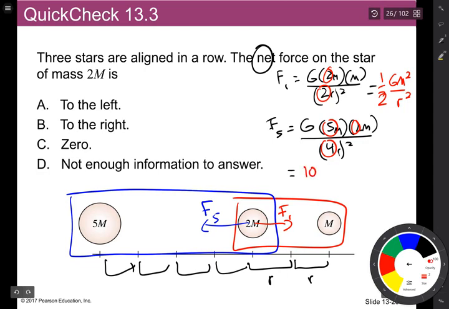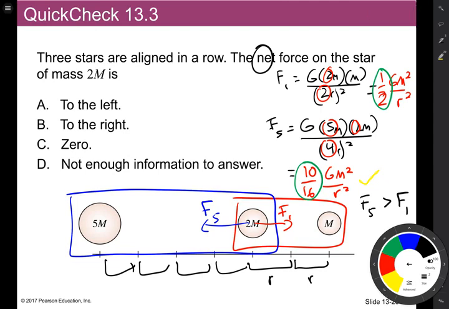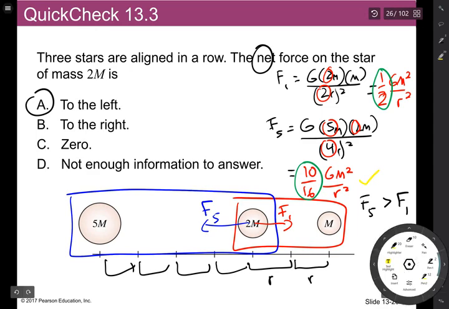So we have 10/16 G m squared over r squared. So to figure out which force wins, we have to figure out which is bigger between 10/16 and 1/2. Since 8/16 is 1/2 and 10/16 is bigger than that, this force is bigger, and so we should expect that F5 is greater than F1. And if F5 is greater than F1, we would find the net force is to the left.